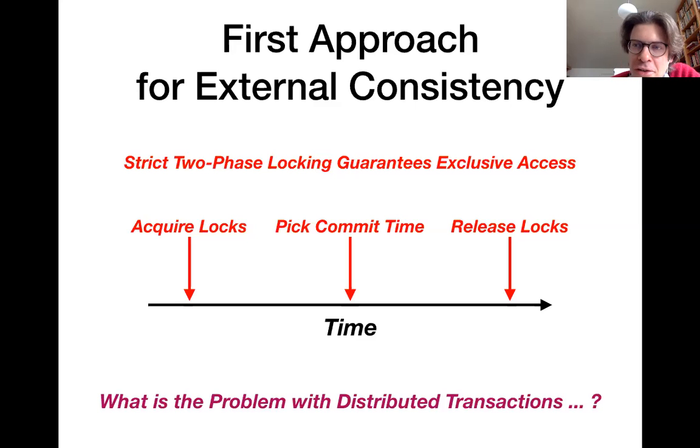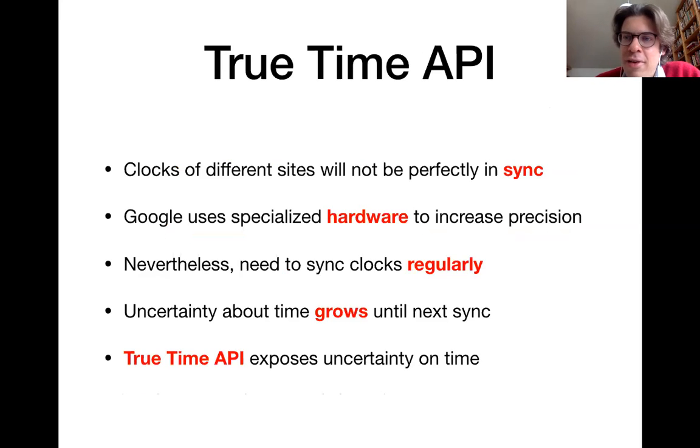Yes, the clocks on different nodes in the cluster might not be perfectly synchronized, especially if you assume that this cluster is distributed around the globe entirely. Exactly. So that is the starting point for an extension that they call the TrueTime API.